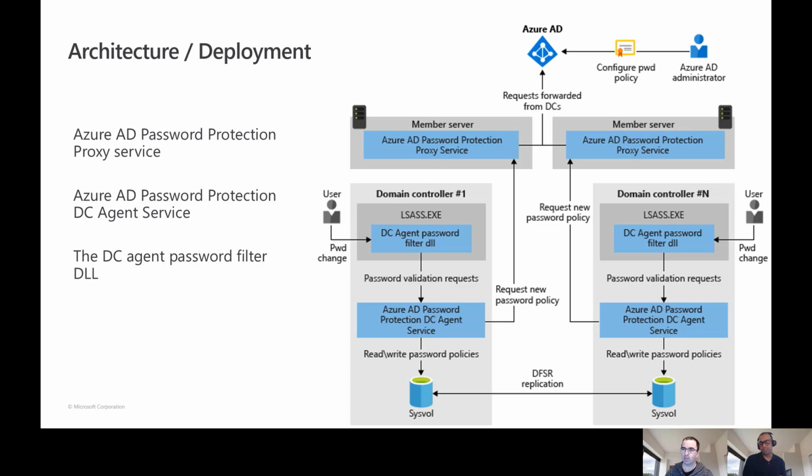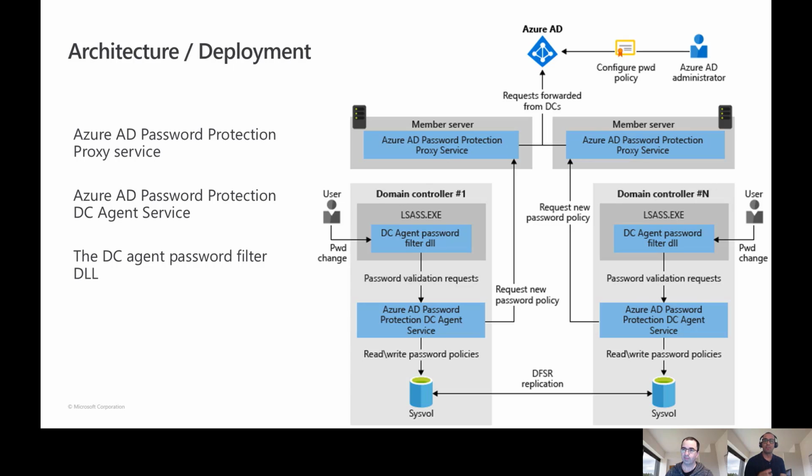Another thing, which you have an option to do and which one of my customers asked about, is: what if I want to do an incremental deployment? I don't want to do the DC agent deployment on all the DCs. I have 50 DCs and I want to start off with 10. So it can do 10, okay? But the problem is the password protection only applies on those 10 DCs.